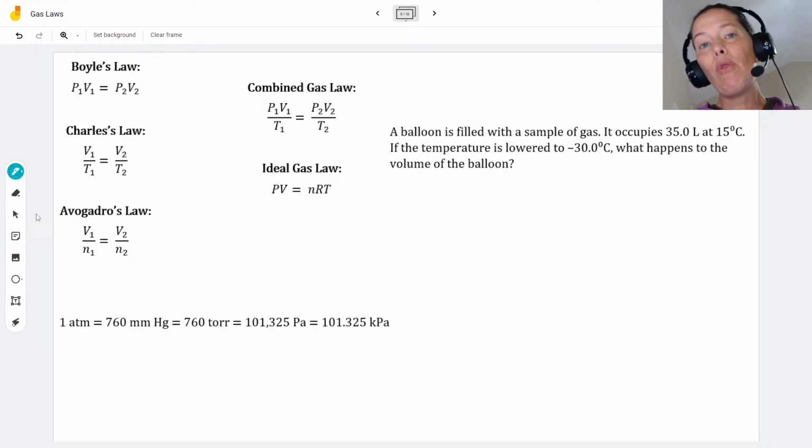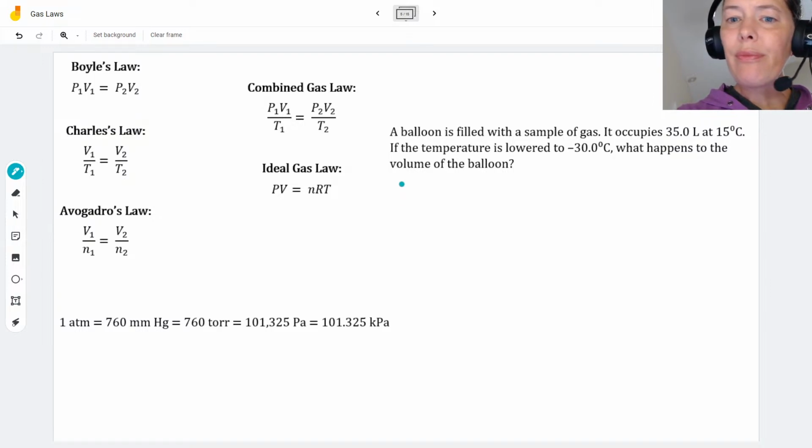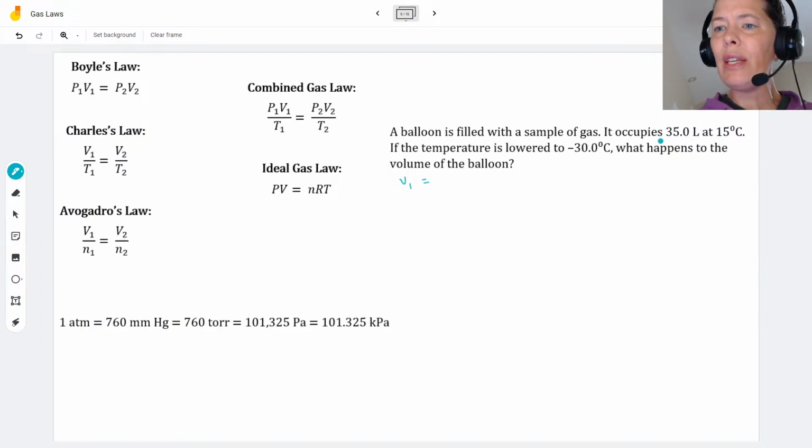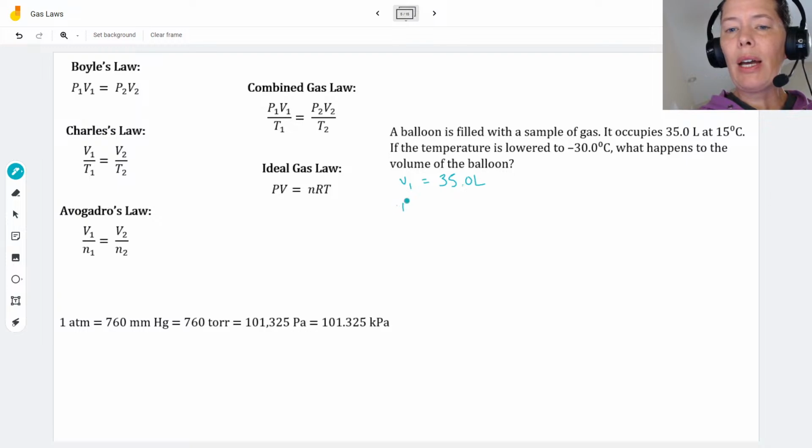So just like before when we did the Boyle's law problems, with the Charles's law problems, let's write down what we know. Okay, so my initial volume, or my V1, is 35 liters. My temperature 1 is 15 degrees Celsius.